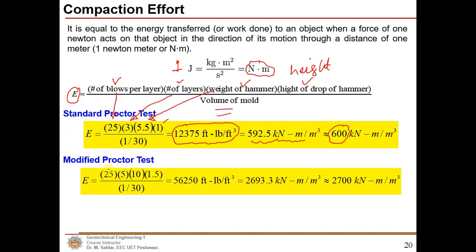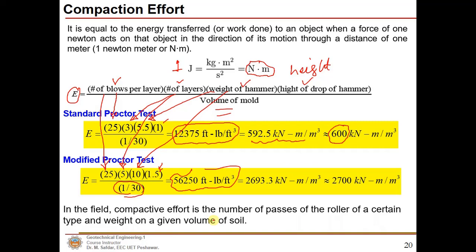The energy transferred to the soil in the modified Proctor test would be: number of blows 25, number of layers 5, weight of hammer 10 pounds, height of drop 18 inches or 1.5 feet, volume of mold 1/30th of a cubic foot, and you can see that it's 56,250 foot-pound per cubic foot.